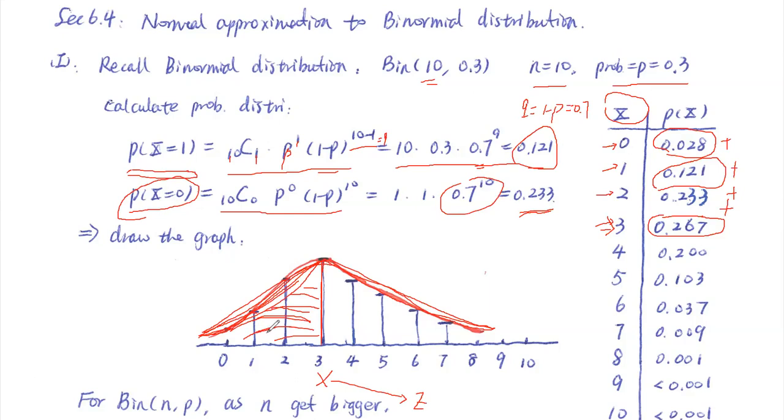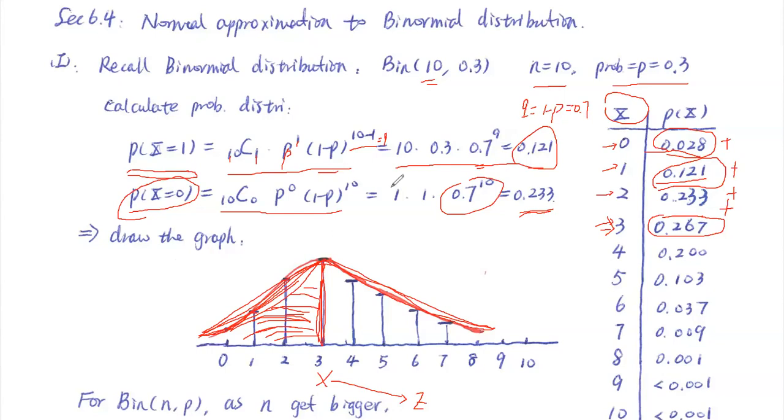That's the beauty: if we can apply the z table, we can find the probability directly, much faster.